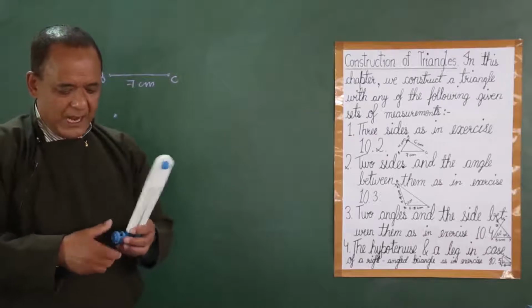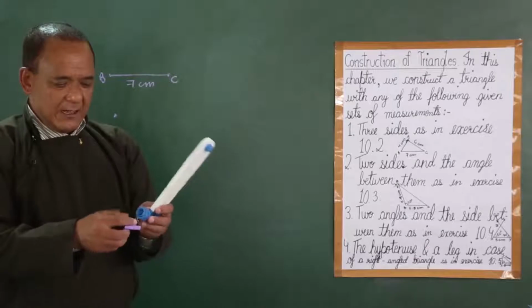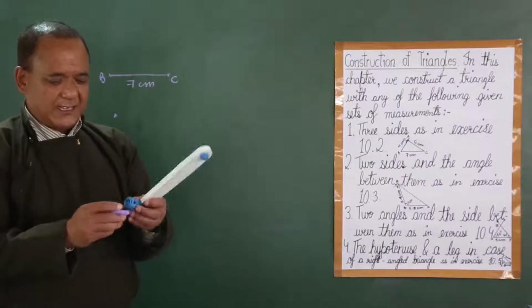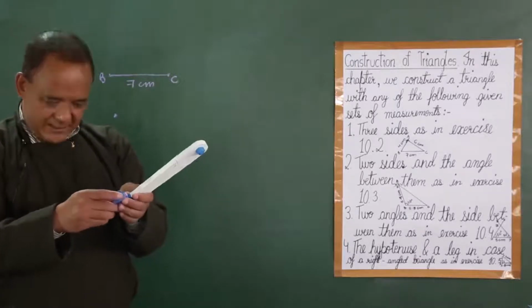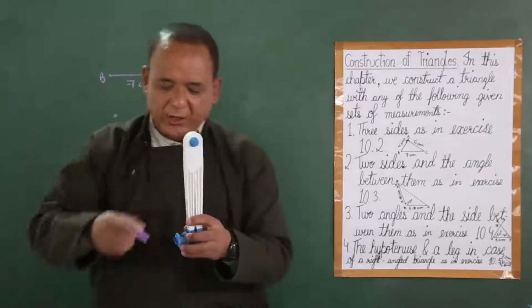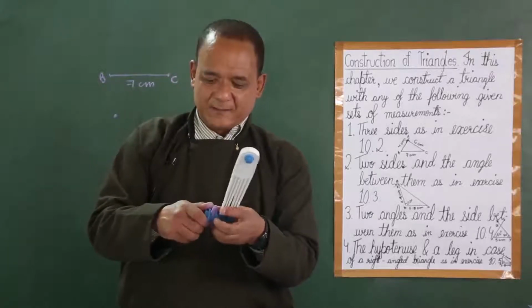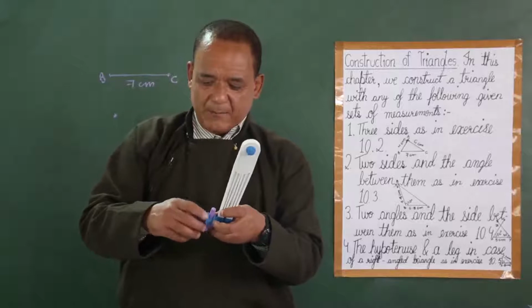Using your compasses, how to make a line segment, we already discussed in class 6. But even though you already learned it in class 6, I would like to recall this again for your better understanding.